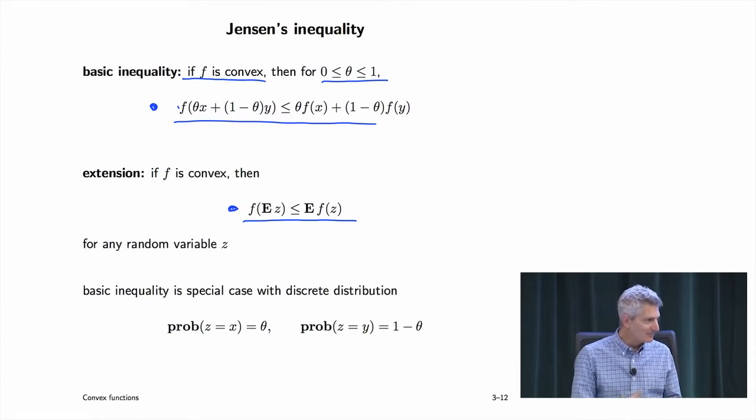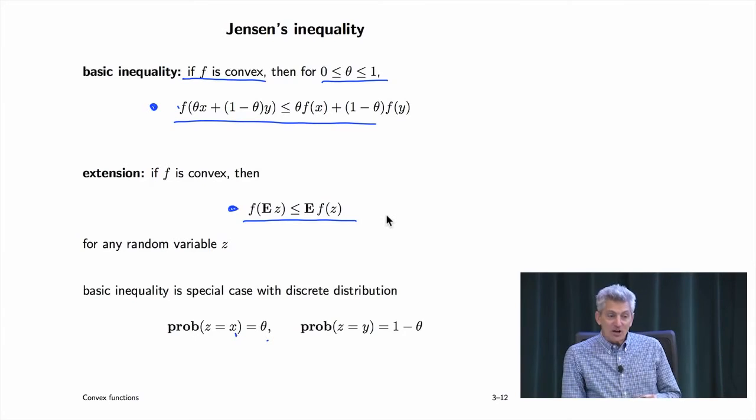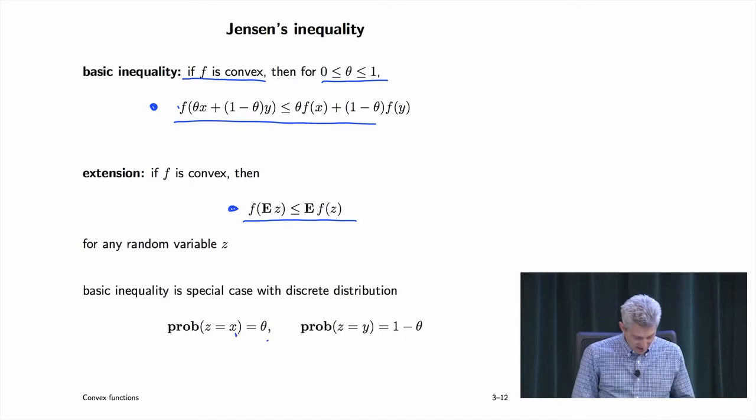And the earlier one is a special case of that for a very specific distribution on z. I mean, it's really dumb. It's atomic. It's a distribution that has the value x with probability theta, and the value y with probability 1 minus theta. Then this is a special case of that. So this is another way to talk about convexity. A function is convex if it doesn't commute with expectation. That's affine, right?